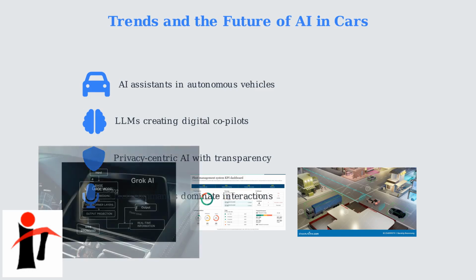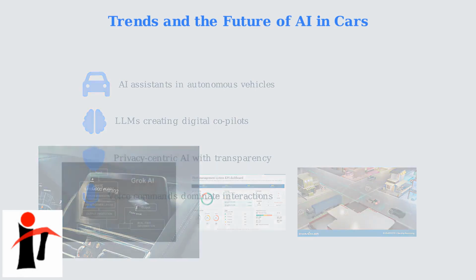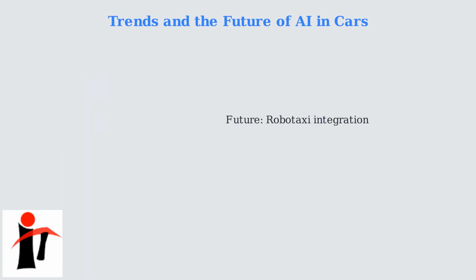Voice commands have become the dominant method for in-car interactions, accounting for the majority of user engagements with AI systems in vehicles. Looking ahead, we can expect deeper integration of AI assistants with robotaxi fleets, where these systems will handle passenger queries, route optimization, and even ride-hailing logistics.